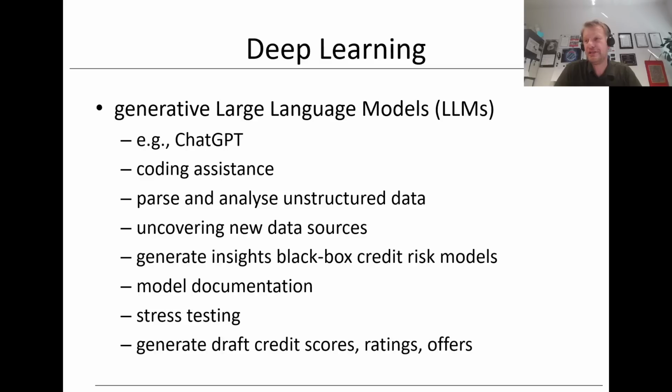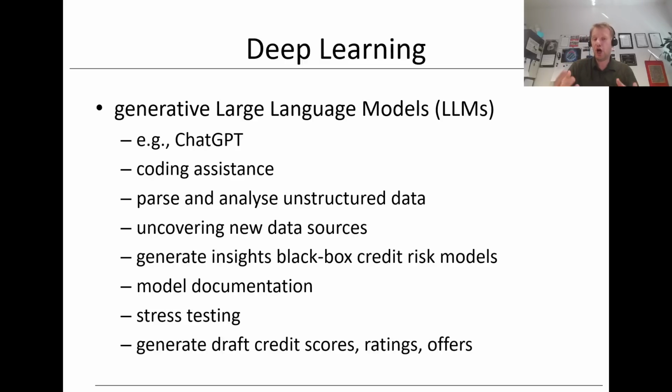That's one of the disadvantages of becoming a professor and a PhD supervisor: you're supervising so many PhDs that you never get your hands dirty on the coding anymore, which is not a good thing. But when I need to, I use, for example, ChatGPT to give me Python coding assistance in developing credit risk models.